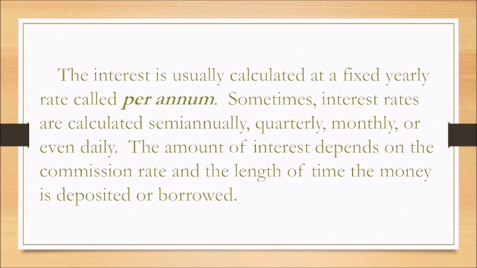Sometimes, interest rates are calculated semi-annually, quarterly, monthly, and even daily. The amount of interest depends on the interest rate and the length of time the money is deposited or borrowed.